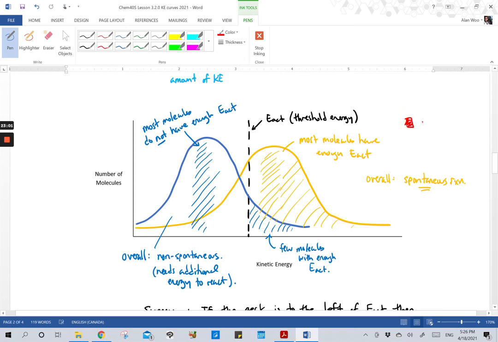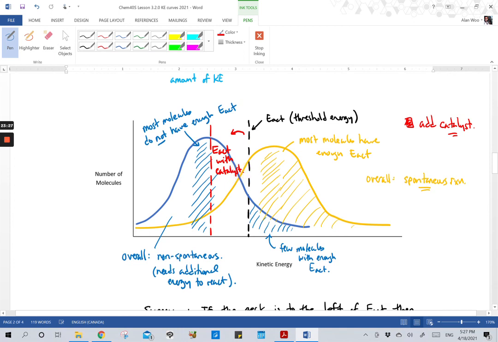So in red, I'm going to say this is add catalyst. Okay. The effect of adding a catalyst is to push or move the activation energy threshold over to the left. So this is the activation energy with a catalyst.